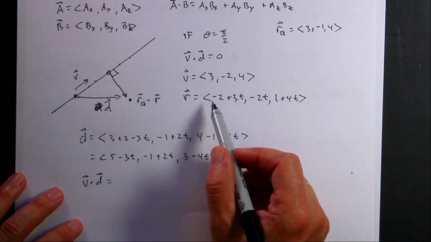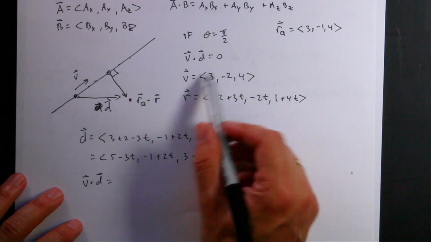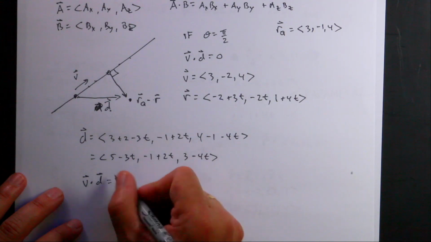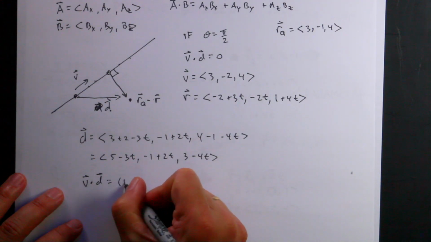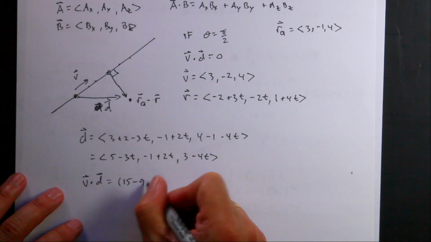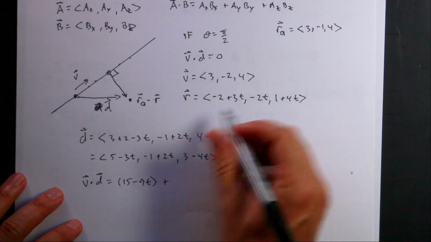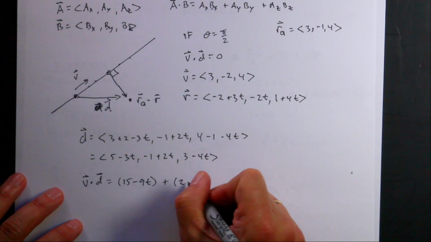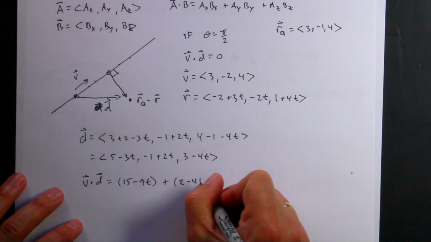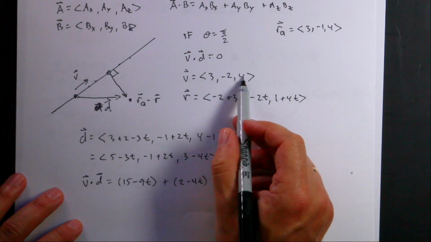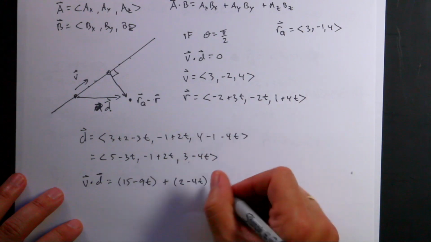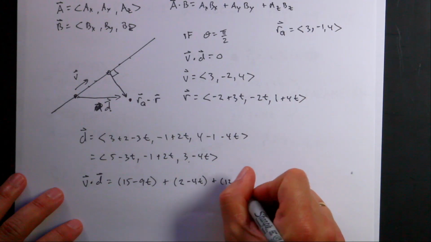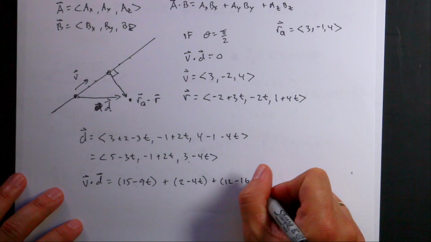So I'm multiplying my v, this. So it's going to be this times this. So I get, let's just do it all in one step, 15 minus 9t plus, now I'm going to take negative 2 times this. So I get 2 minus 4t. And then I'm going to get 4 times this, so it's going to be plus 12 minus 16t.